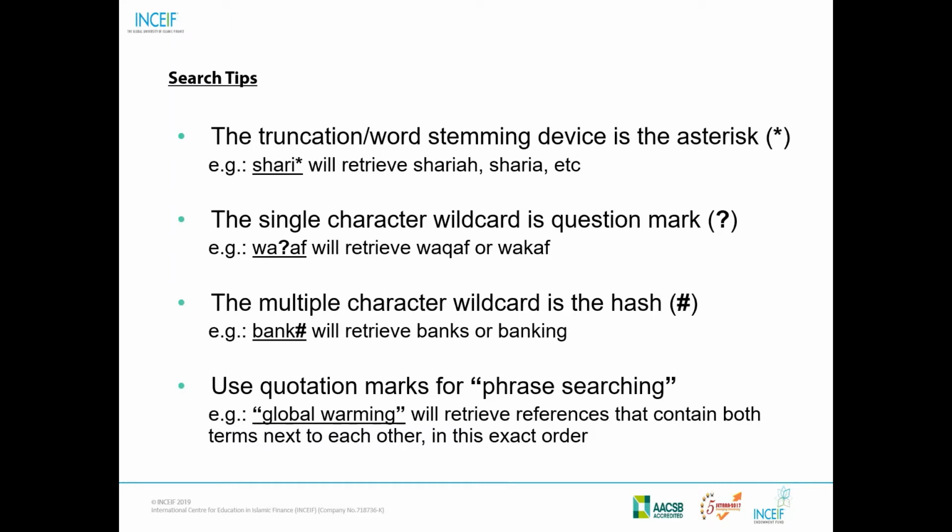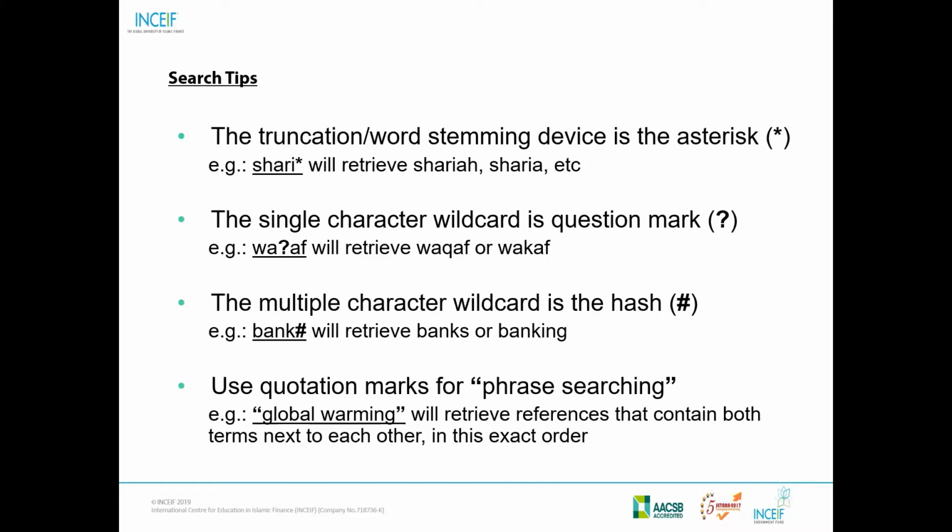For example, we have truncation, which is the asterisk mark, which you can use in the Sharia keyword, because we have multiple spellings for Sharia. Because we are focusing on Islamic finance and banking, you will find this keyword, which is common in the Islamic finance subject.